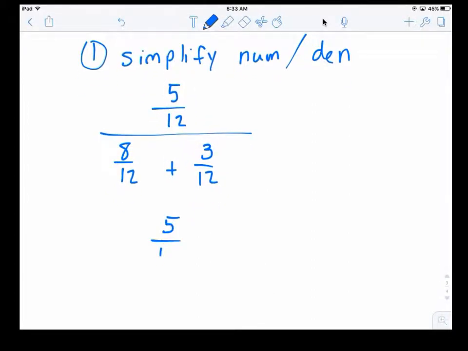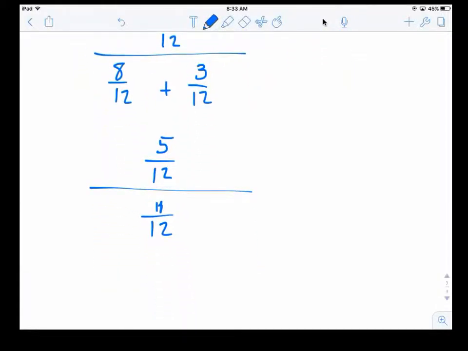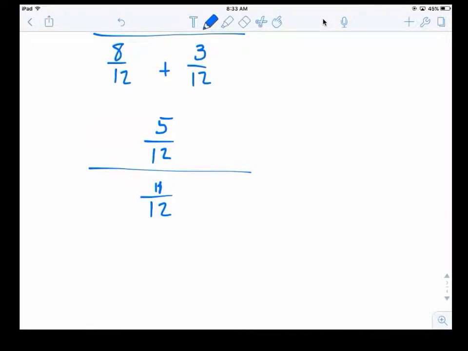Now that they have a common denominator, you can put them together, so you have 5 over 12 divided by 11 over 12. We saw this last section: when you have a fraction being divided by a fraction, you're multiplying by its reciprocal.